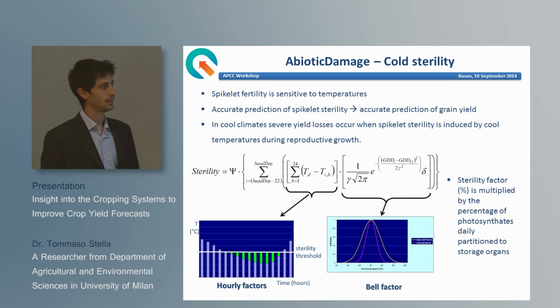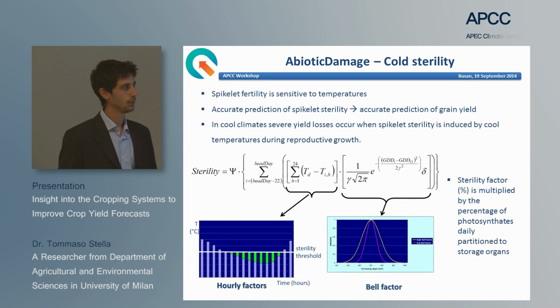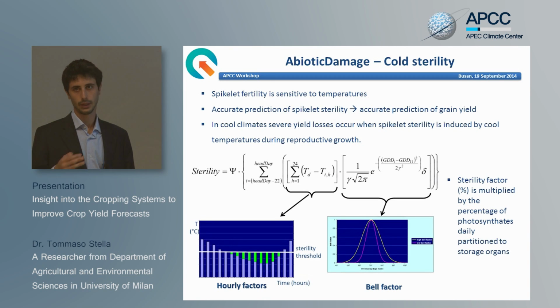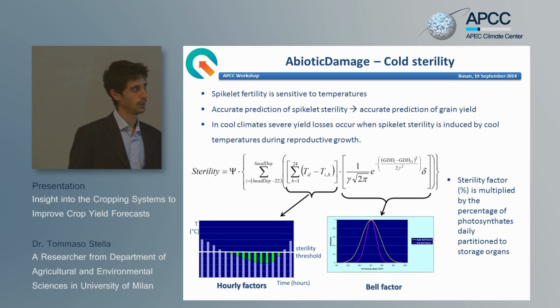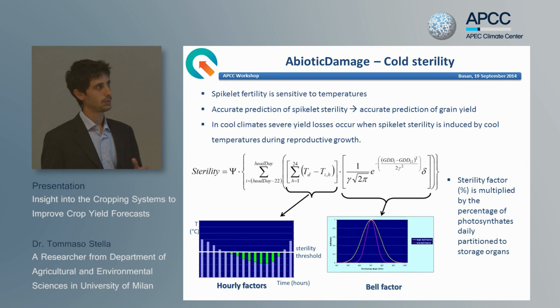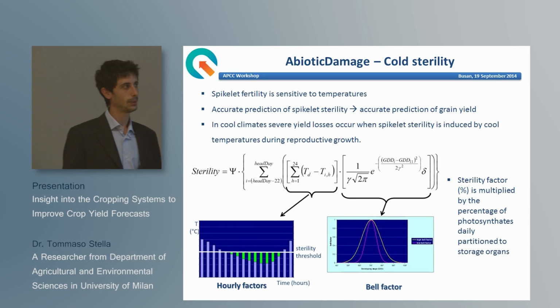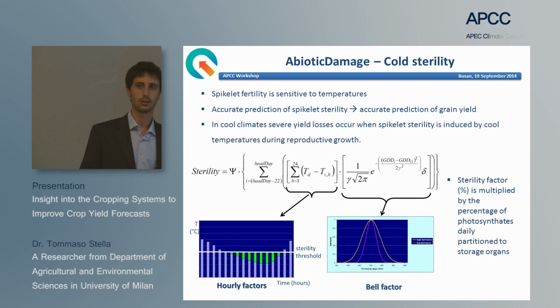And the different sensitivity of the plant to the cold sterility in the period between panicle initiation and heading is accounted for in this case. And so once we have the daily sterility factor, this sterility factor can be multiplied by the percentage of photosynthate partitioned to storage organs, and then have a reduction on yield.